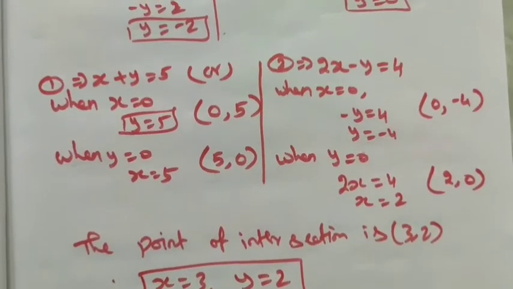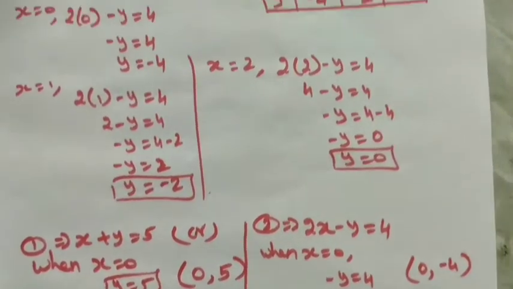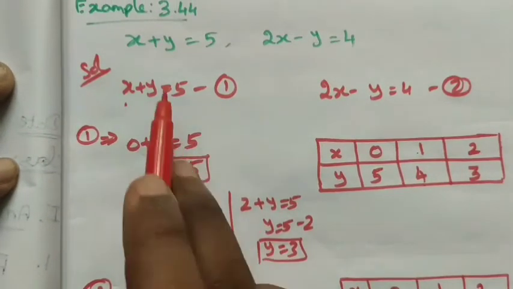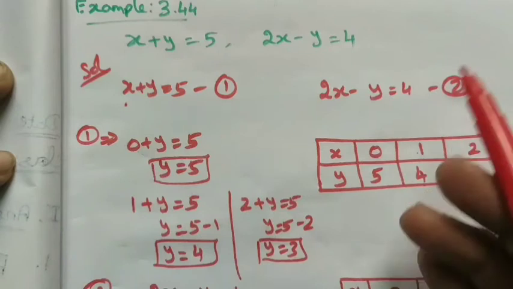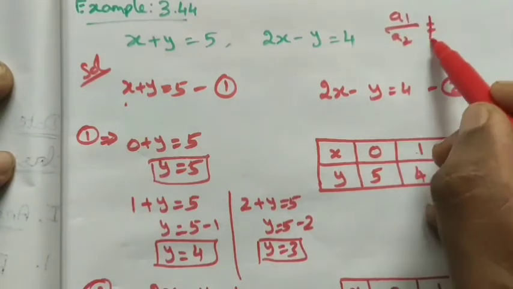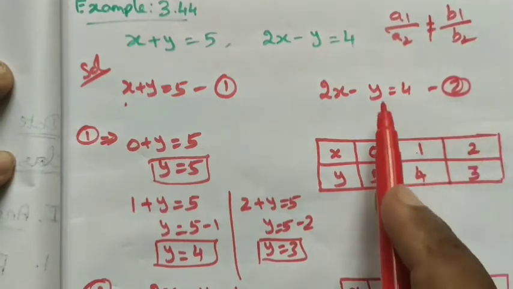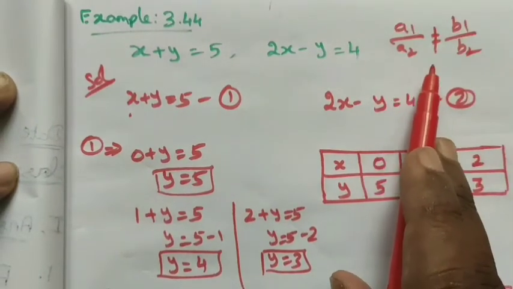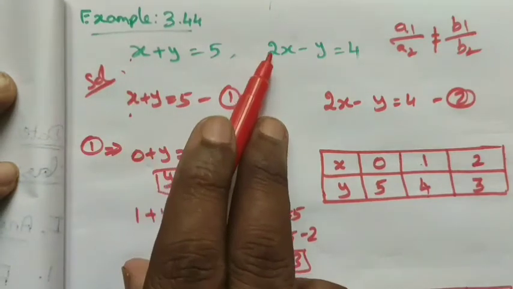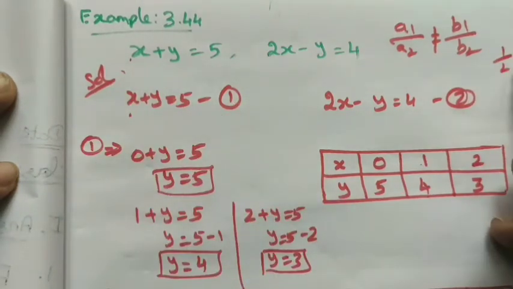And also we know by the formula that if the ratio of the coefficient of x is not equal to the ratio of the coefficient of y, that is a1 divided by a2 is not equal to b1 divided by b2, then the two lines intersect. Let's check it. The coefficients of x are 1 and 2, so 1 by 2.